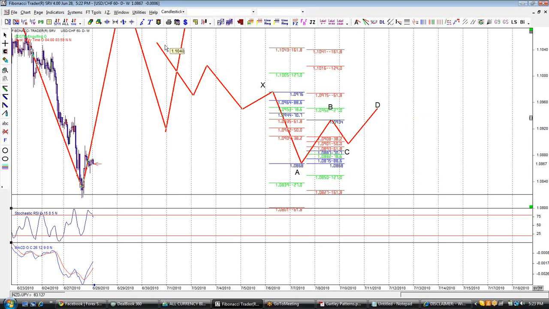And this is a trend continuation pattern, which means that trend has been going lower and lower, and we trade sell Gartley in a downtrend. Now, with the crab, the picture is a little bit different.